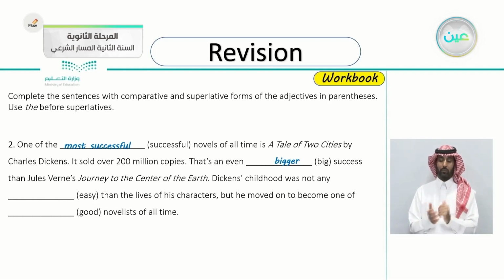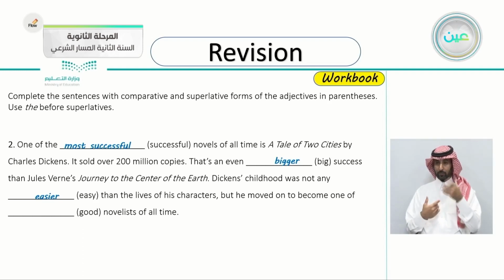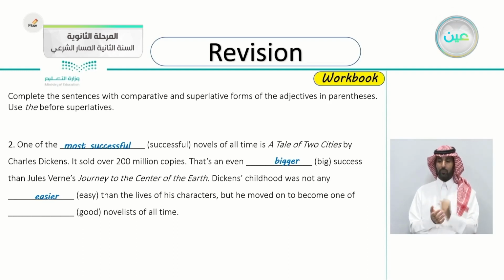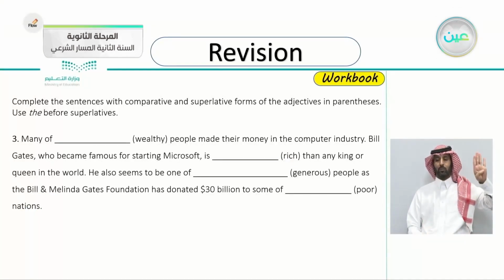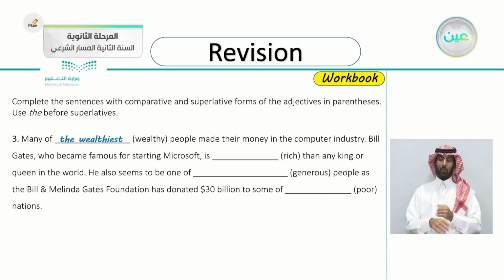Dickens' childhood was not any easier than the lives of his characters, but he moved on to become one of the best novelists of all time. Yes, the best novelist of all time. The third one, many of the wealthiest people made their money in the computer industry.